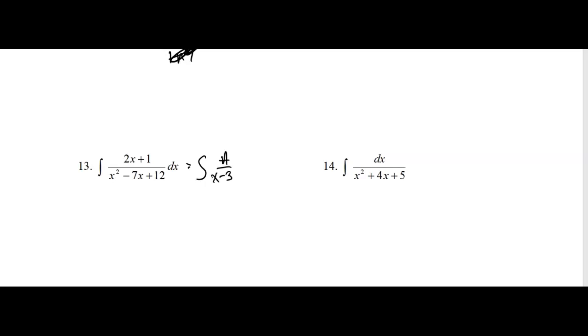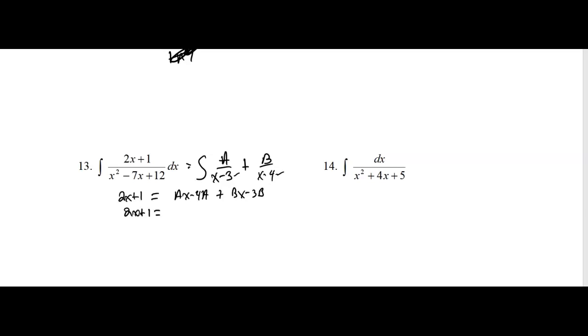So we'd factor this, x minus 3 and x minus 4. So for our 2x plus 1, the a is going to get multiplied by the x minus 4, so we would get ax minus 4a. The b has to get multiplied by the x minus 3, so that would be bx minus 3b.